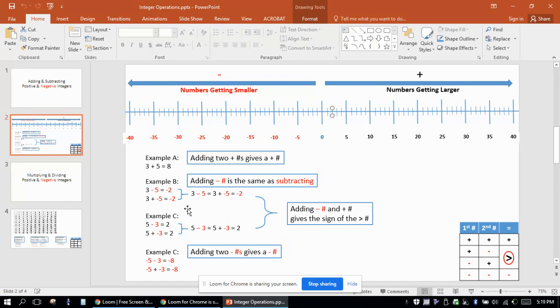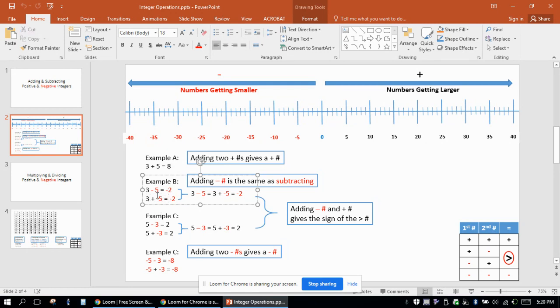The question is, how come in this situation where I'm working with a 3 and a 5, and this second situation where I'm working with a 3 and a 5, in this first one I wound up with a negative 2, and in this one I wound up with a positive 2? What happened there? Well, it turns out that when you are adding and subtracting a positive and a negative number, the bigger number of the two dominates with that sign, meaning the result of your subtraction takes the sign of the bigger number.